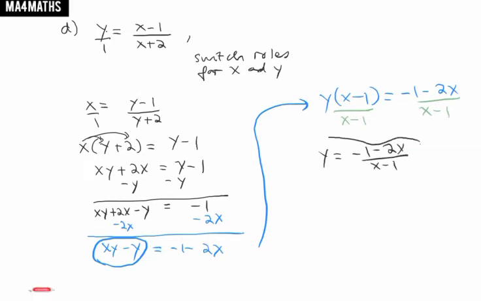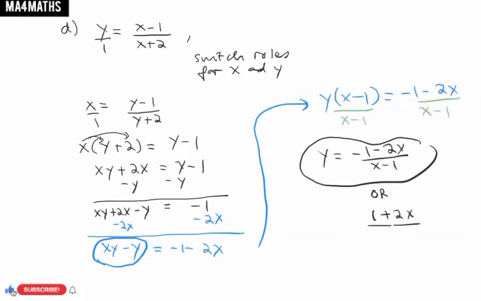Now, this is absolutely correct. There's nothing wrong with that. I have two negative signs at the top. So if I multiply top and bottom by -1, -1 times -1 is 1. -1 times -2x is plus 2x. -1 times x is -x. -1 times -1 is plus 1. And this would be 2x plus 1.